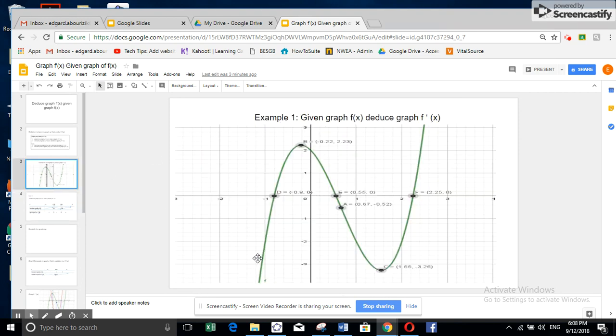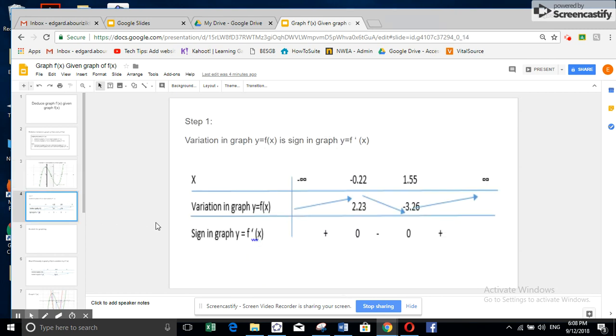As you can see, the function is increasing till minus 0.22, decreasing till x here 1.55, then increasing. So up, down, up. This variation of the graph of y equal f of x will be the sign. Up means positive.